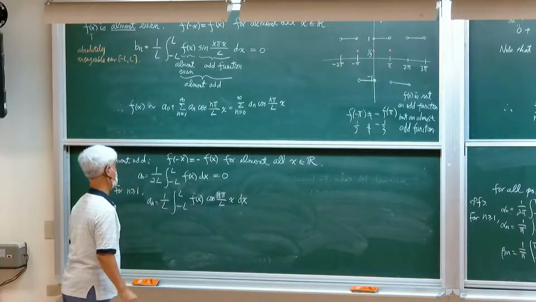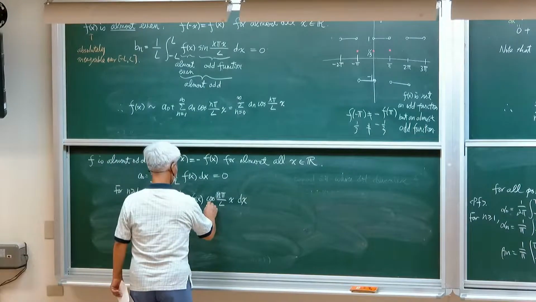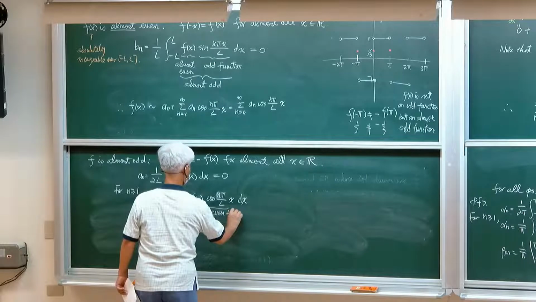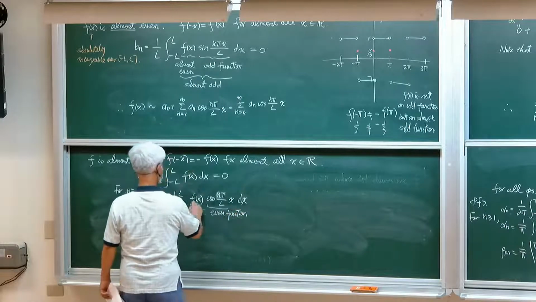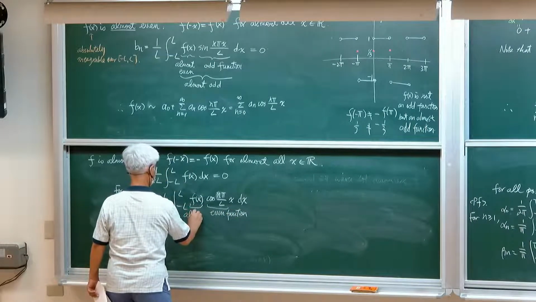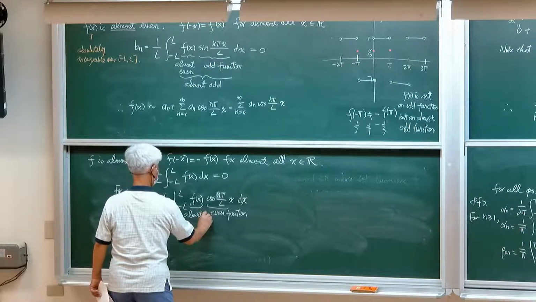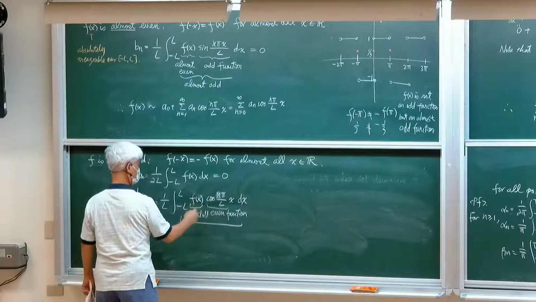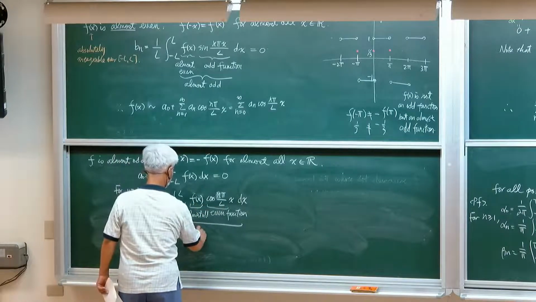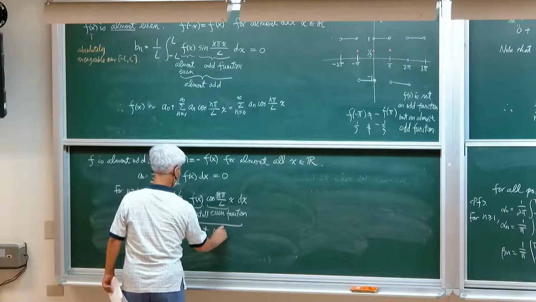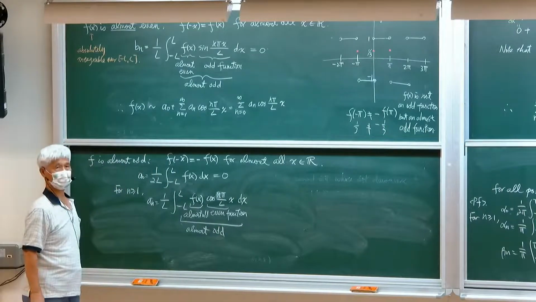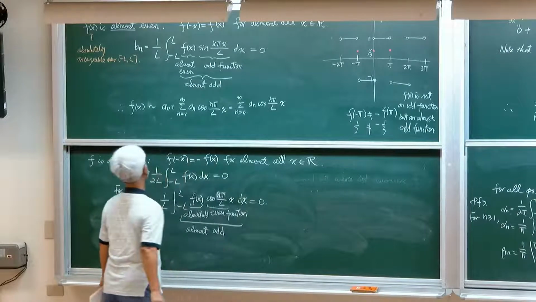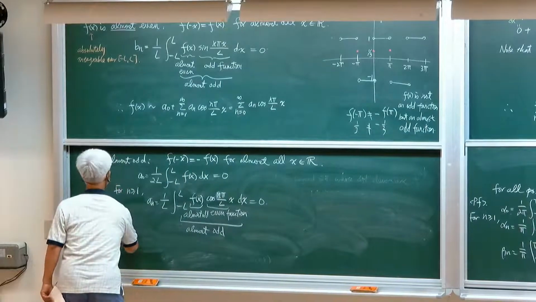So this is an even function, and this one is almost odd. Together, this product is almost odd. So the integrand is almost odd, and so this is 0.